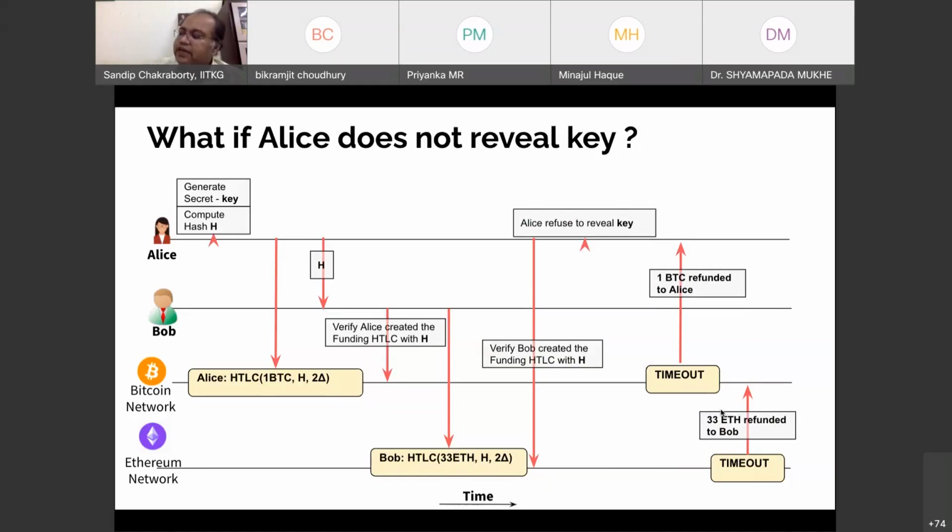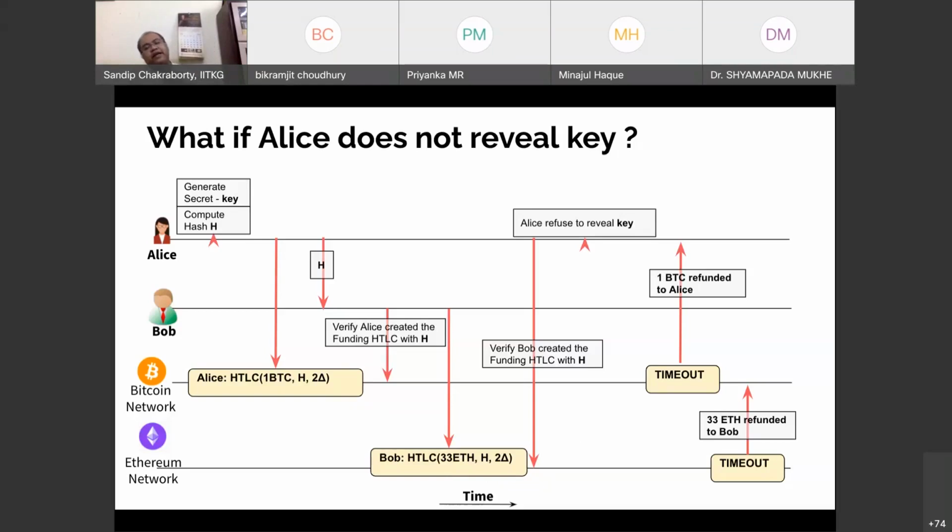So you see that whenever the contract is getting executed, both the parties are able to get back their money. Either both the parties get their money, or if a timeout occurs, then both the contracts become void and none of the transactions actually happens. So with the help of this hash time lock contract, you can do an atomic swap on top of 2 different cryptocurrency networks.